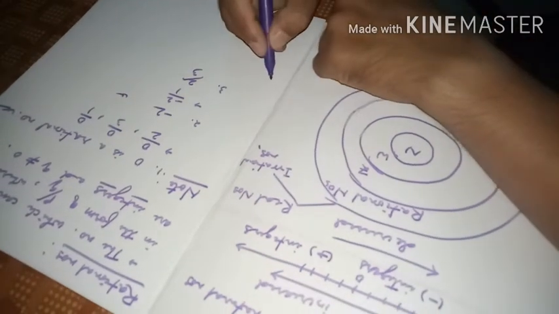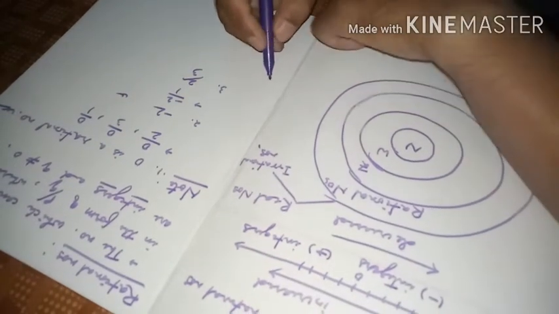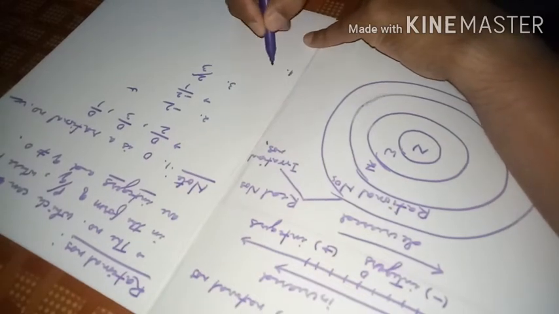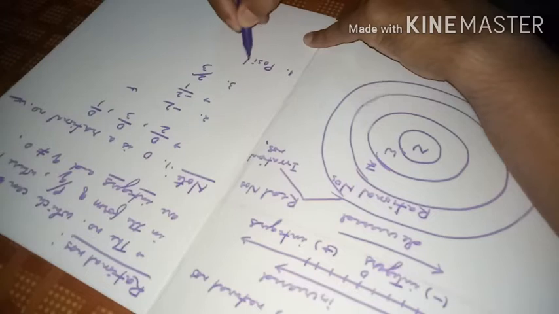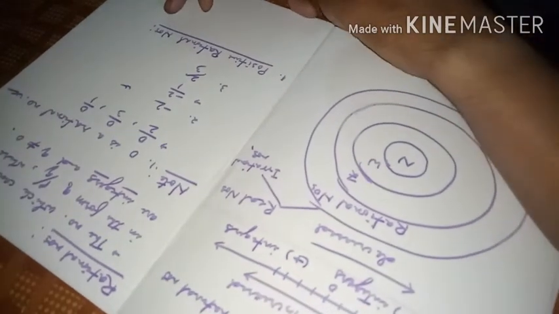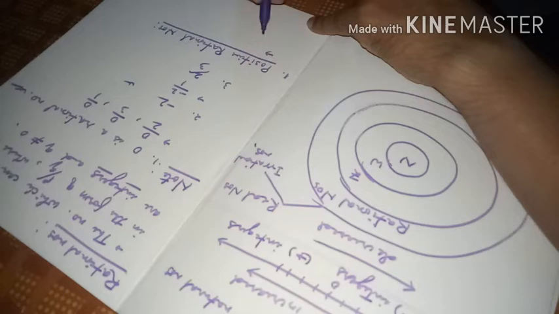Okay, now let's come to the next point: positive rational numbers and negative rational numbers. First, positive rational numbers. A positive rational number means both numerator and denominator have the same sign.